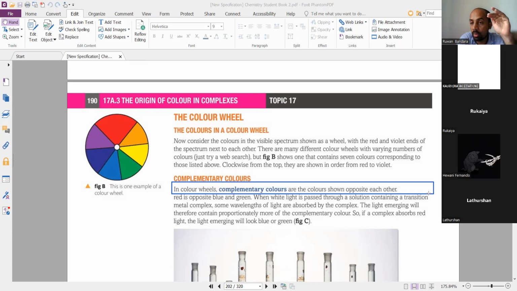When white light passes through a transition metal complex or a solution of a transition metal complex, it absorbs some colors and some amount of light will be emitted, right? So the color complementary to the absorbed color will be emitted. Is that clear?